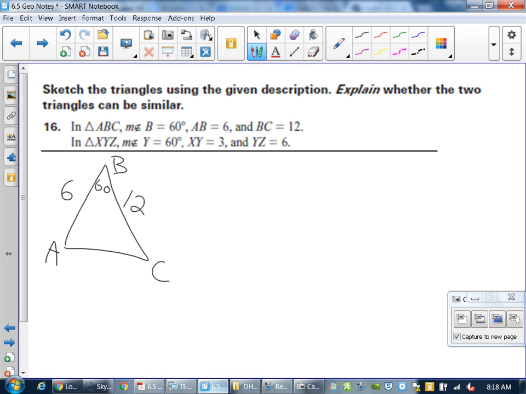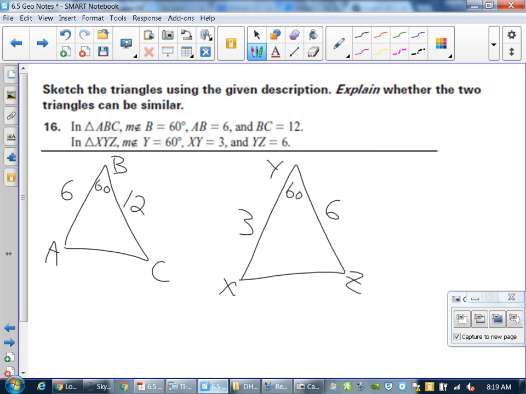So with just that information, it's setting us up to determine whether the side angle side version of this is going to work. It's trying to see if the 2 sides are proportional and the angle in between is the same. I'll do the same idea. They have Y at 60, XY at 3, and YZ at 6.